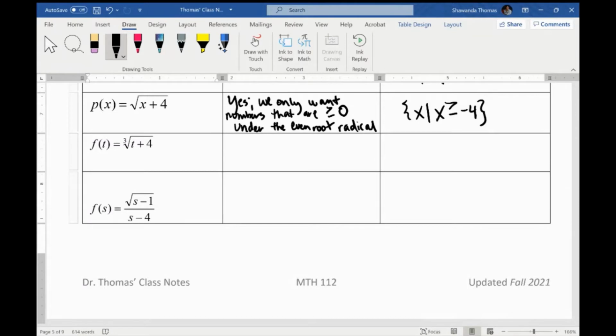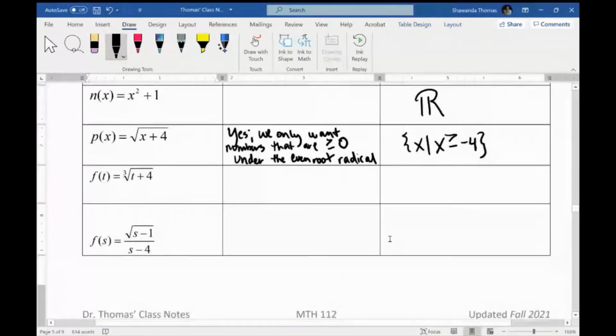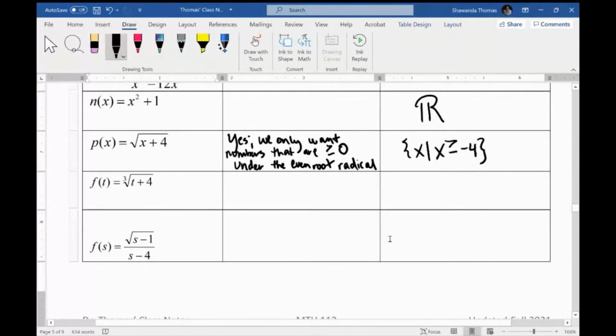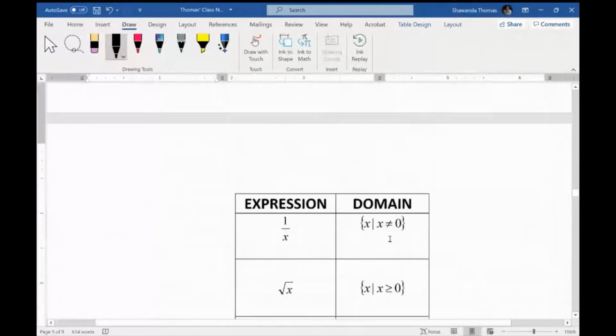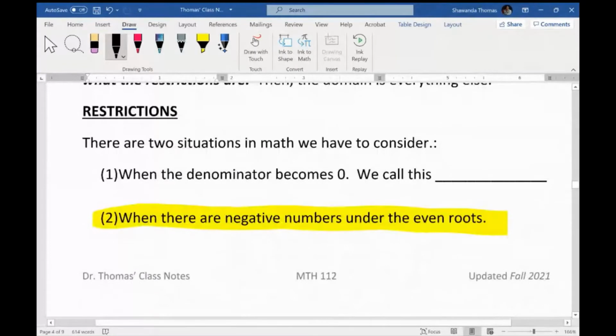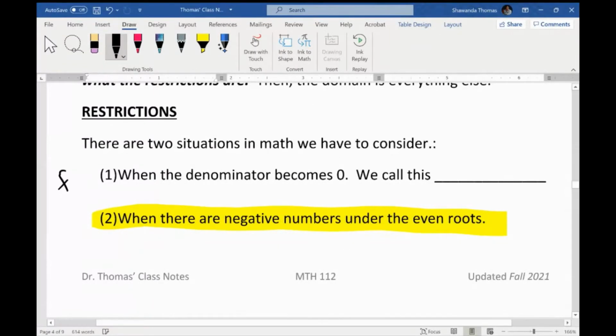All right, f of t equals the cube root of t plus 4. Are there any restrictions? And again, as a reminder, restrictions: either we have a fraction situation, that's number one, or a radical situation, but an even root radical.